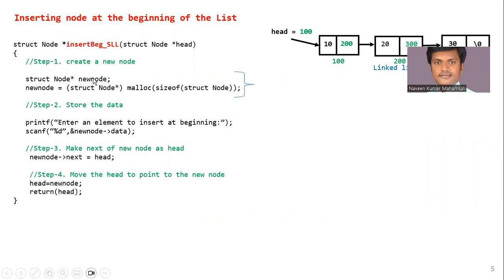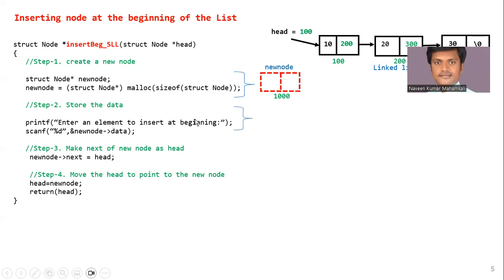First, using malloc, we are creating a new node at runtime. The malloc will create a new node and return that address. That address will be stored in new node, which is a pointer of type node. As a result, a new node is created. Assume it has been created at address 1000.